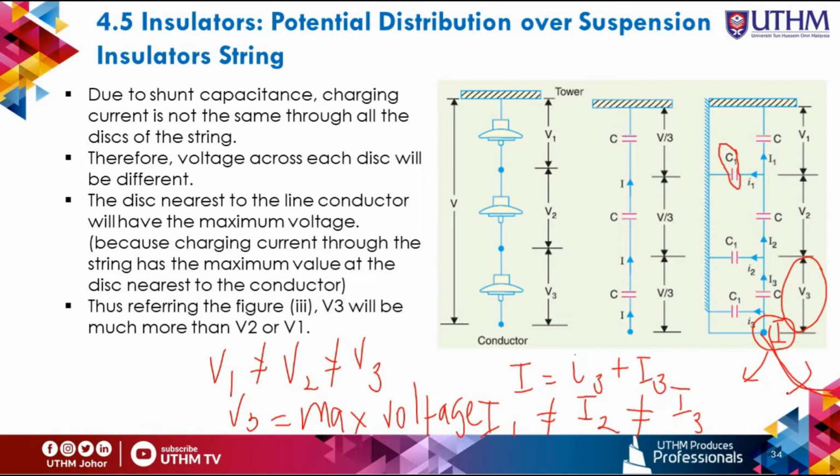So the charging current is high here, therefore the voltage V3, the voltage near to the line conductor, is also high. Referring to figure 3, V3 is much bigger than V2 or V1. So V3 is the maximum voltage.